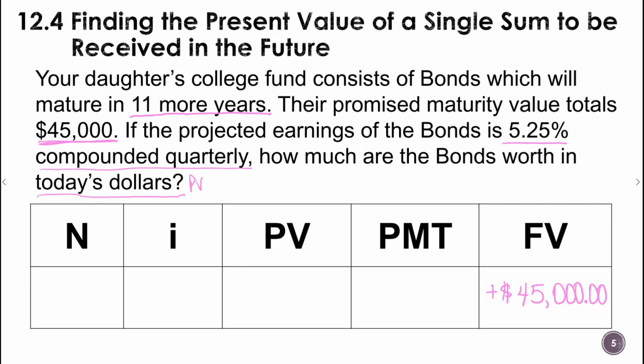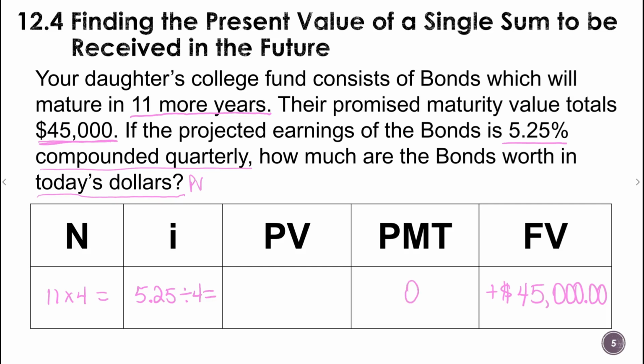So let's fill out the chart. 11 years, I underlined that up there. 11 years times 4 equals 44 periods, that's how many times it compounds for this particular question. And then our interest rate is 5.25%, and we're dividing that by 4, and you push your equals key.